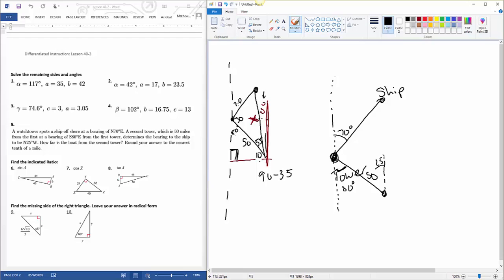And so then using the law of sines, I can find what that x is. Because all I have to do is find what that distance is. And so that'll be x over sine of 30 equals, now I guess I'm going to have to find that now. And so that's 180 degrees minus 30 minus 55. So that's 95. So that'll be 50 over sine of 95. And then you just solve for x.